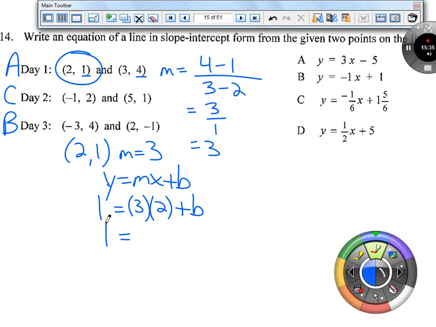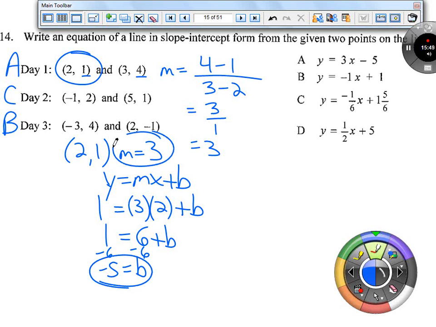So we have 1 equals 6 plus b, and then subtract 6. So b will equal negative 5. Now we have the slope and we have the b. So our equation is y equals 3x minus 5. So that's why it's A.